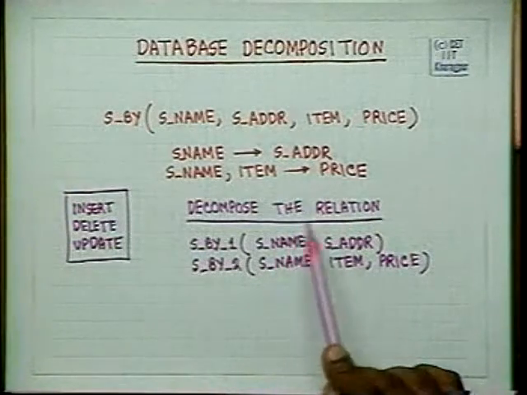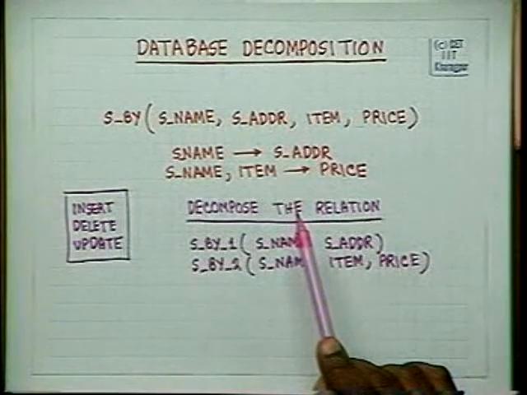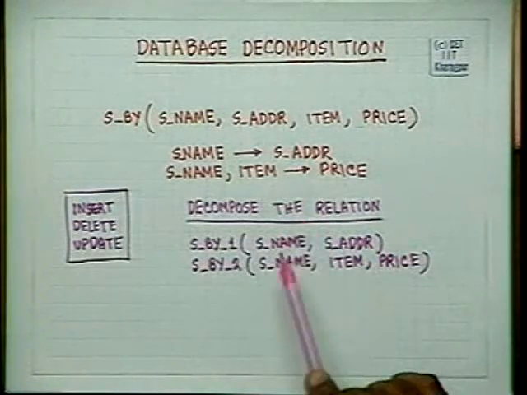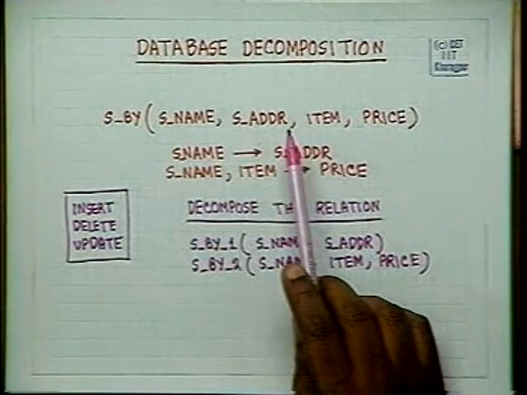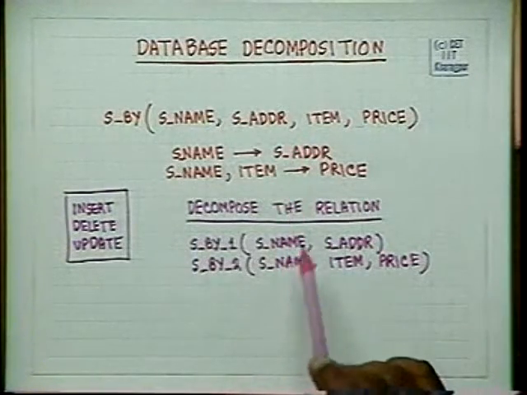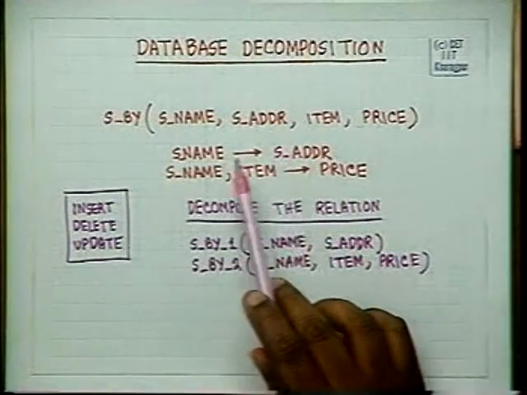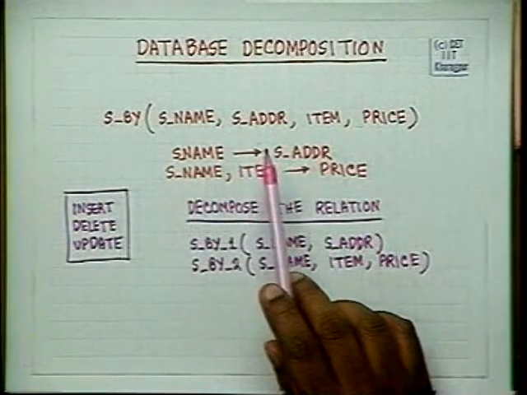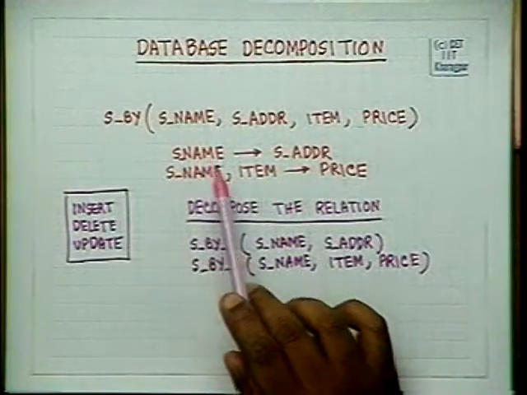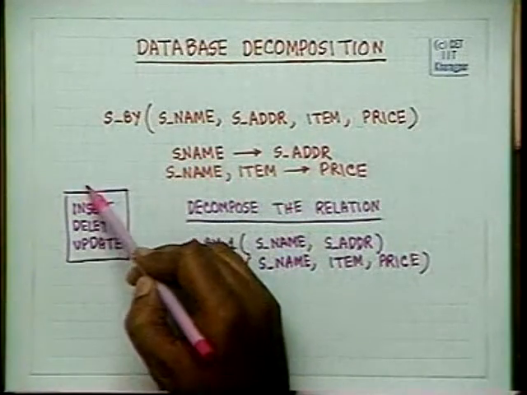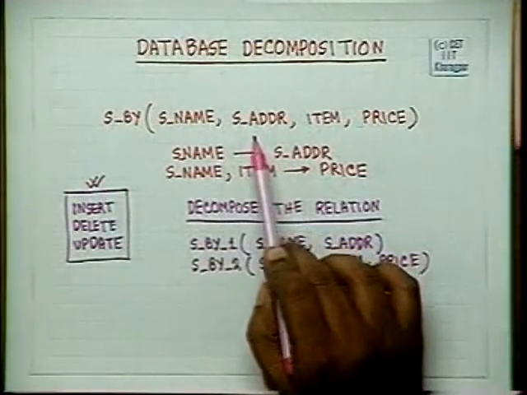Therefore, if such queries are very common, then the efficiency may be hampered even if you decompose. It may be less efficient if you decompose and more efficient if you don't. Now, this is an optimization process and it involves many other factors, but presently we are just studying how to avoid the anomalies and how to prevent redundancy.